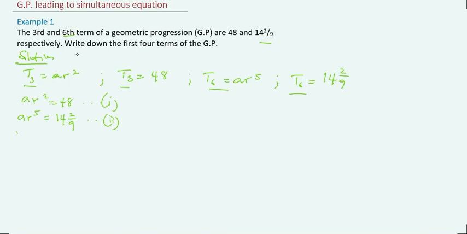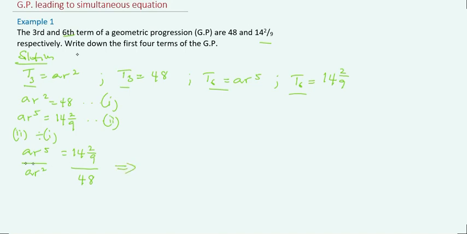So we do equation 2 divided by equation 1, so that it will not be cumbersome for us. We now have ar raised to power 5 is equal to 14 whole number 2 over 9, divided by ar raised to power 2, and this one will now be divided by 48.